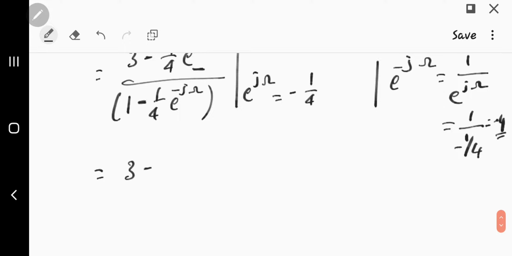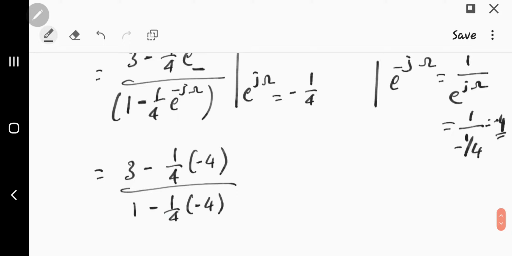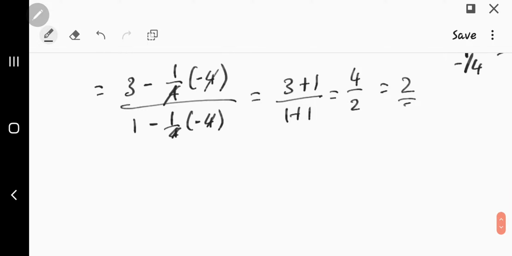So 3 minus 1/4 into minus 4 divided by 1 minus 1/4 into minus 4. The 4s get cancelled, minus and minus become plus. So this will be 3 plus 1 and the denominator is 1 plus 1. That gives 4 by 2, which is equal to 2. So the value of A is 2.